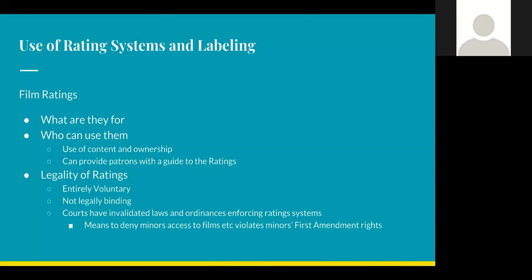I believe it's the Simpsons that were the first to do the Y7, which means youth over 7 is what they recommend. But it's video games, television, music, that all have their independent rating systems. Again, they're all voluntary, and they do serve a purpose. The idea of these rating systems, for MPAA, was to help families determine what was deemed appropriate for their families to read or to watch.